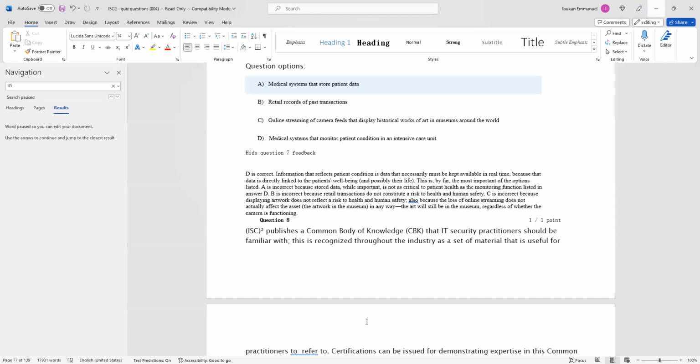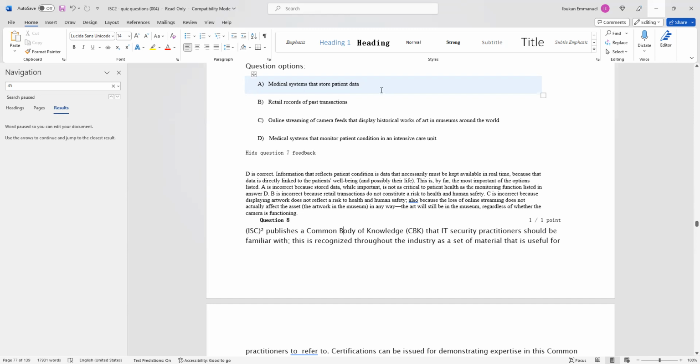Their records need to be available 24/7 clearly. So that is the most critical out of all those. For anyone who thinks it may have been B, yes, it's important that we retain retail records of past transactions, but remember we said that the most important thing for anything to do with work, information security, IT, whatever it is, work related, is the protection of humans and their safety.